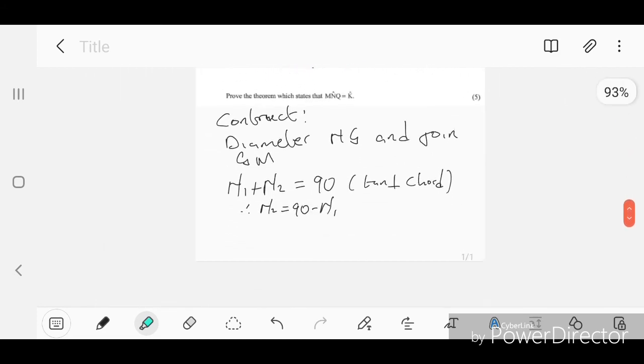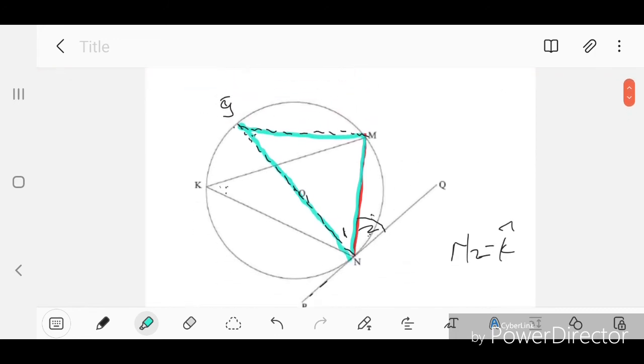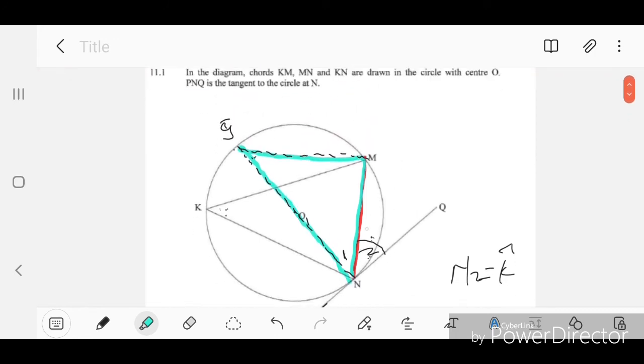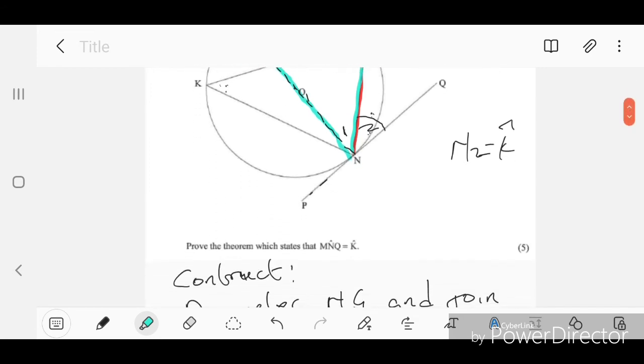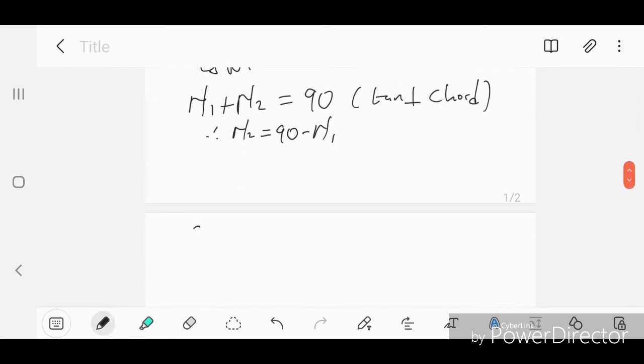We already know that in that triangle, angle GMN is 90 degrees because this is a diameter. It's an angle at a semicircle. So angle GMN equals 90 degrees, reason: angle at semicircle.